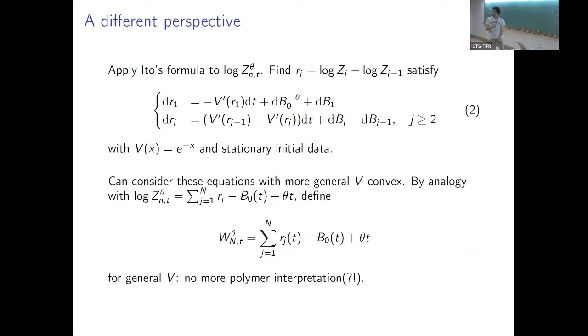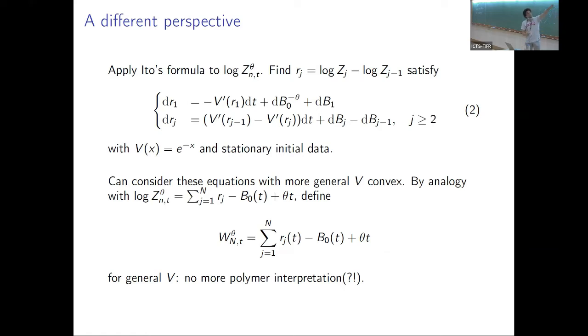So what is the top particle for us now? If you think about the O'Connell-Yor model in terms of this system, so if we forget that we're looking at this picture as this multiple integral, and I only have this system with V equal to e to the minus x, then I can reproduce the distribution of log Z(mt, theta), the stationary O'Connell-Yor polymer, by summing the increments and then adding back B_0(t) plus theta t.